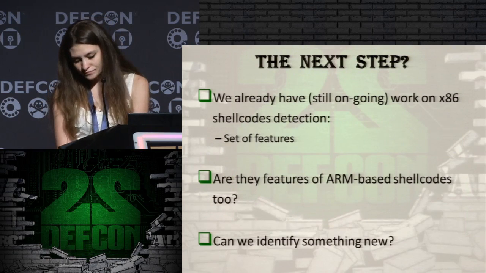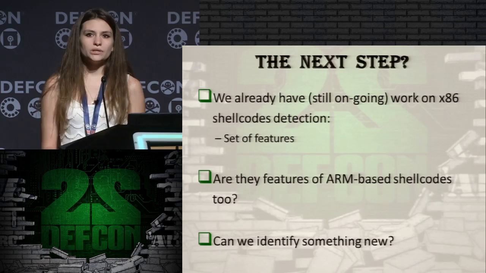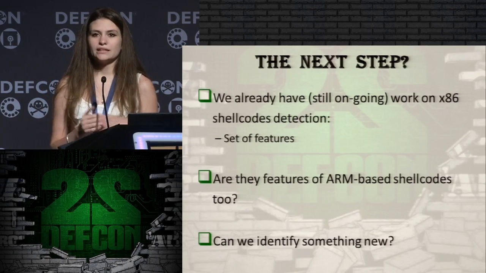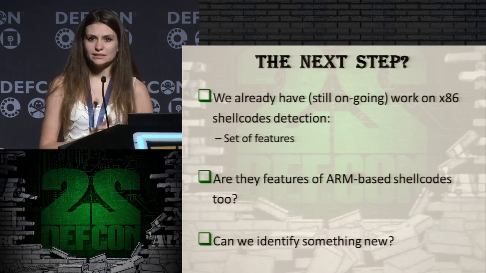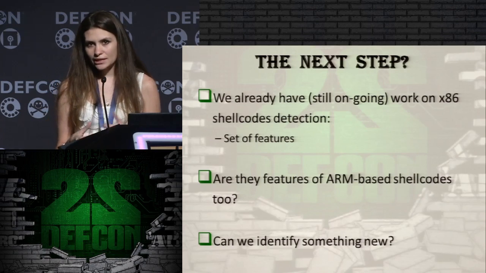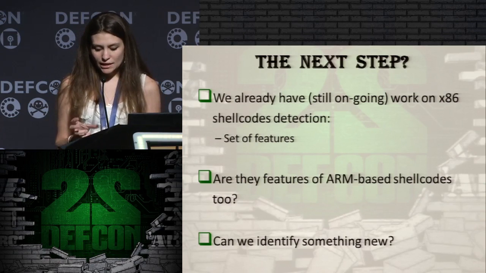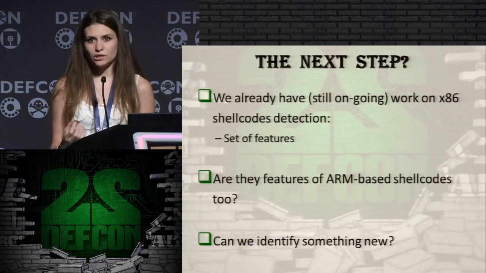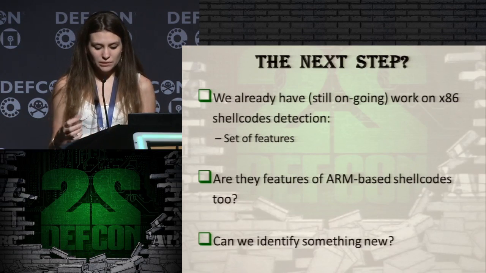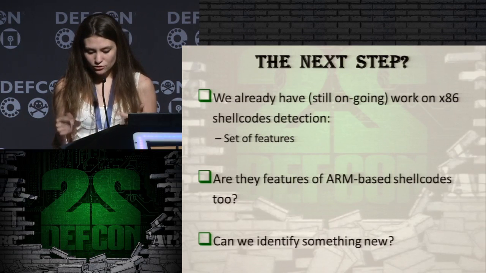So what's the next step? We already have ongoing research on detection of shellcode for the x86 platform. Basically, how we did it: we identified a set of features which are typical for shellcodes. I mean features, not of the payload.